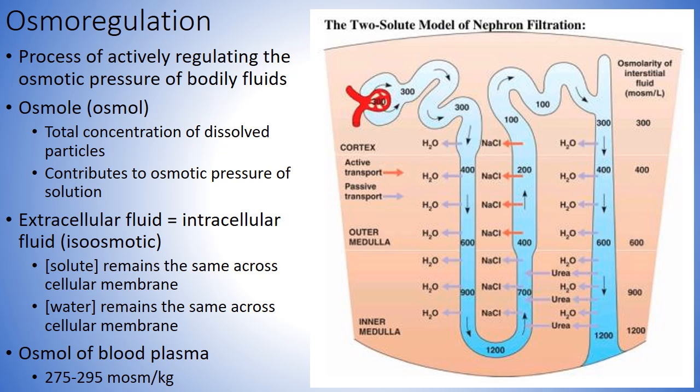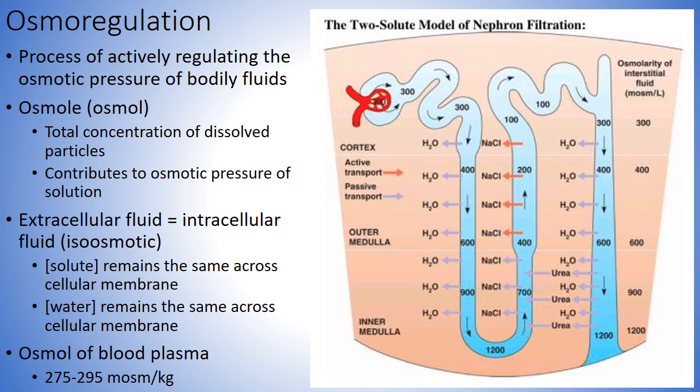Now, osmoregulation. This is how the kidneys help to maintain water balance, but not only that, they help to reabsorb important molecules back into the bloodstream. We're going to talk about this terminology called osmoregulation, and we'll break it down into a couple of processes. But what is osmoregulation? It's the process of actively regulating the osmotic pressure of bodily fluids.